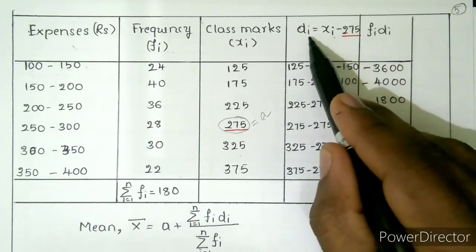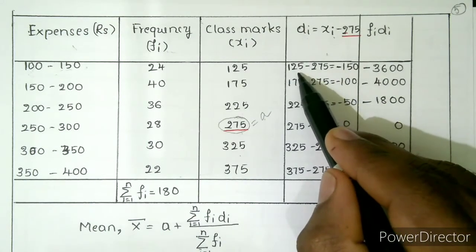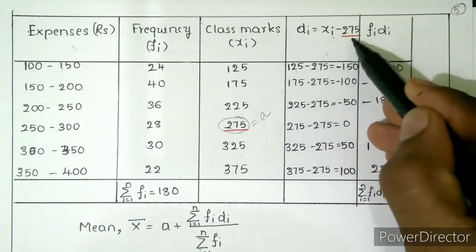So now di is xi minus 275, so this is a now.